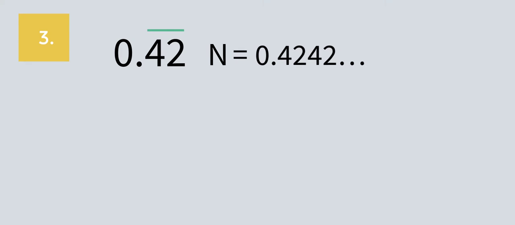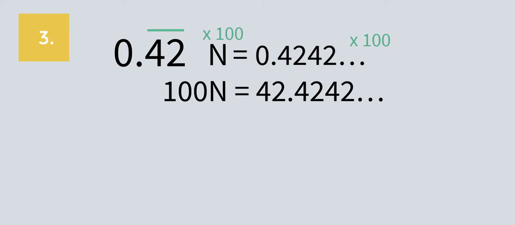Now 0.42 repeating. We have our repeating decimal. It's 2 decimal places. So we start by writing out n equals the repeating portion, 0.4242 repeating. We have 2 decimals repeating, so we want to multiply by 100. Subtract n from both sides.